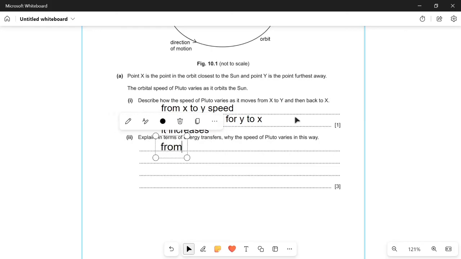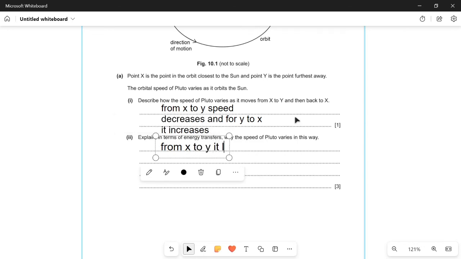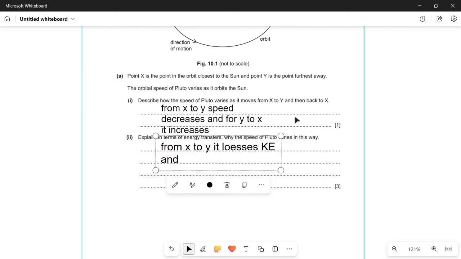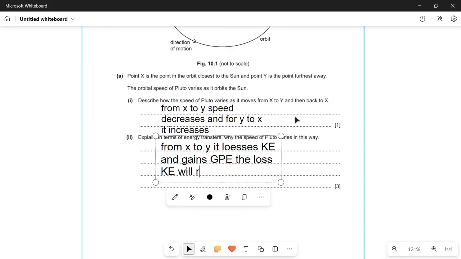So from X to Y, it loses kinetic energy and gains gravitational potential energy. So the loss in kinetic energy will result in decreasing the speed, in the reduced speed.